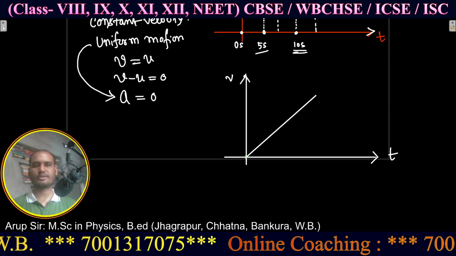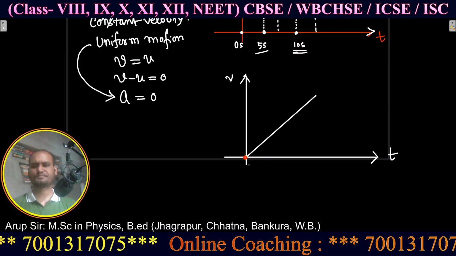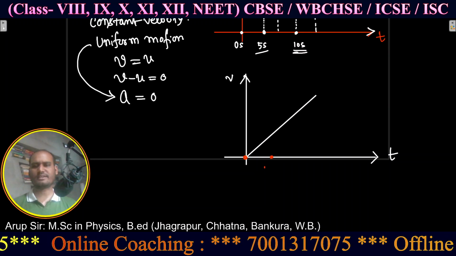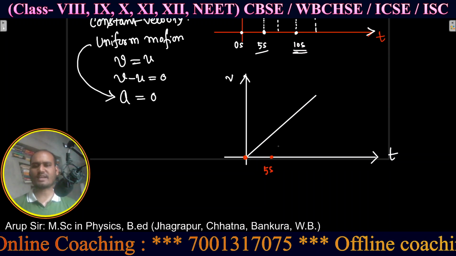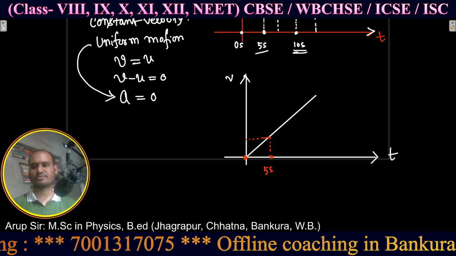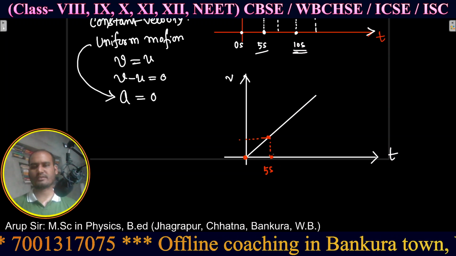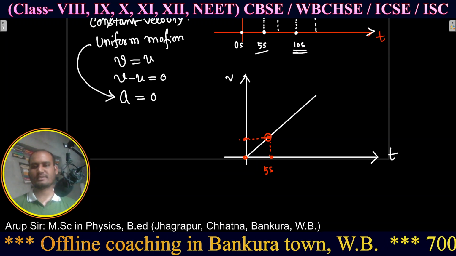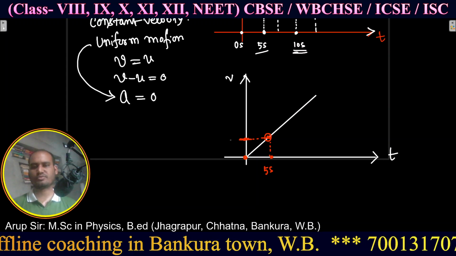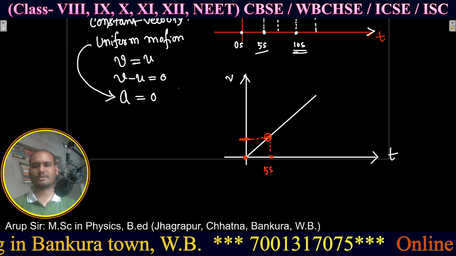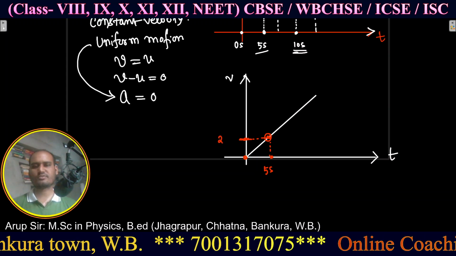This is the origin point. Now if I take any point here, let's suppose it is 5 seconds, since it is the time axis, at 5 seconds it has some velocity. If I go above, it will touch here, parallel to this one, so obviously this will give us some value, let's suppose v1, or some numerical value like 2 meter per second.